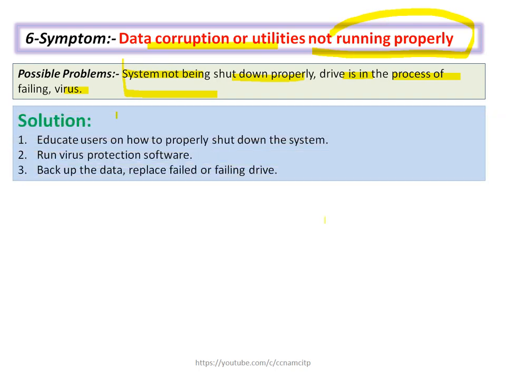How will you rectify this one? Educate the user on how to properly shut down the system, run virus protection software, back up data, and replace the failing drive. So these are very simple solutions we can use at the time of this kind of error, like data corruption or utility not running properly.